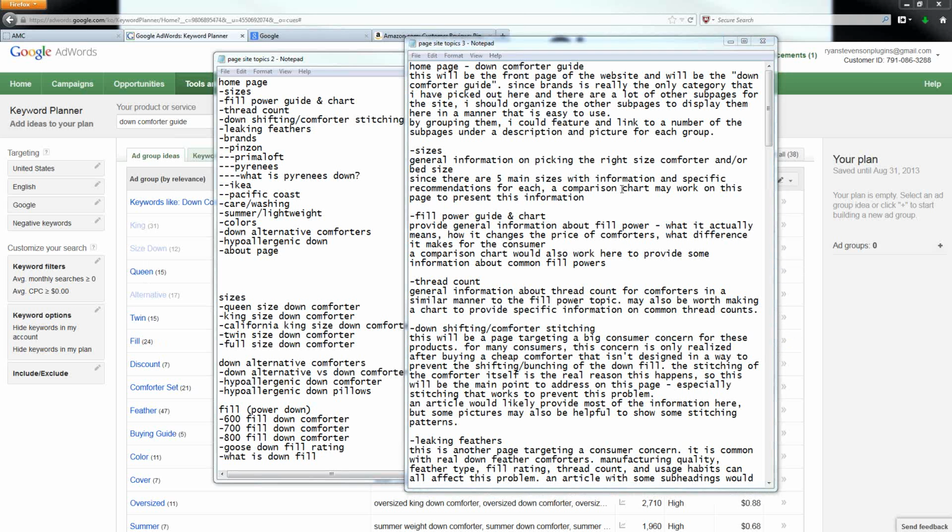So once you've gone through and planned out all of your different pages and the content you're going to have on them, at this point you should have a pretty clear picture of how you'll work your product advertising into all of that page content.